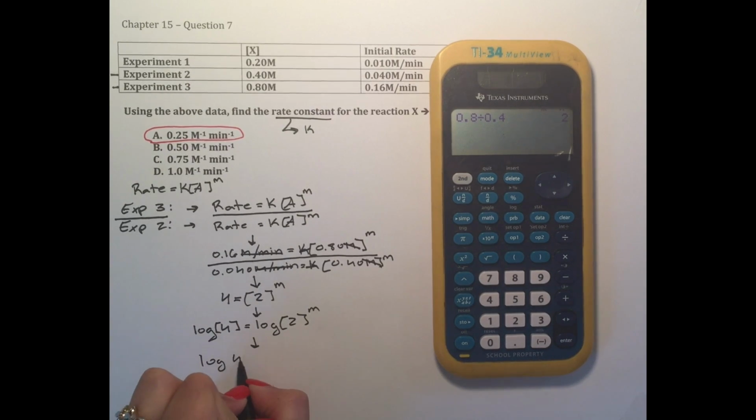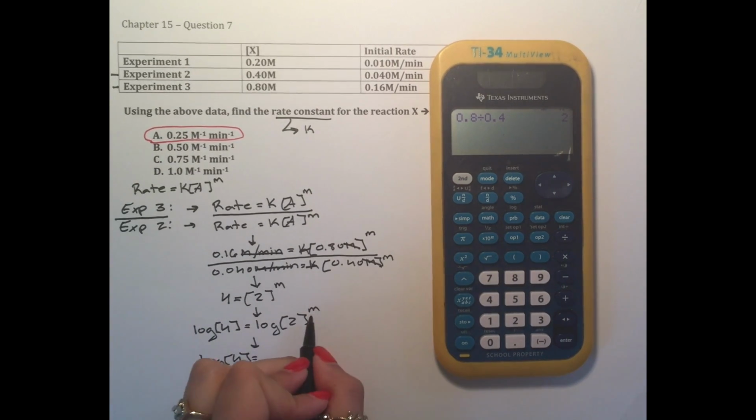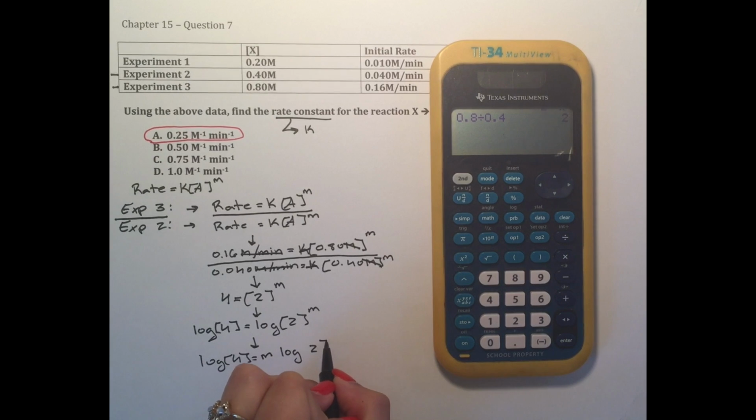So we have the log of 4 equals M, because our exponent came to the front, times the log of 2. Now we can solve for M. So M is going to be the log of 4 over the log of 2.